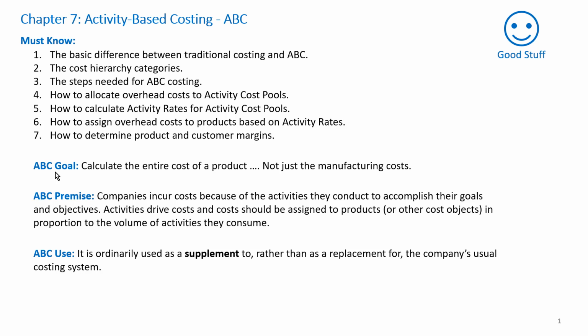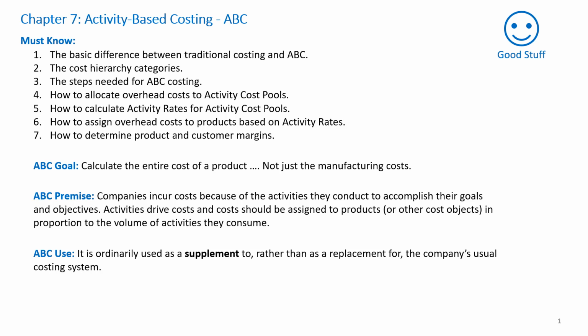It then assigns the cost of those activities only to the products that are actually demanding the activities. Because of its complexity and cost of implementation, it is ordinarily used as a supplement to, rather than a replacement for, the company's traditional costing system.